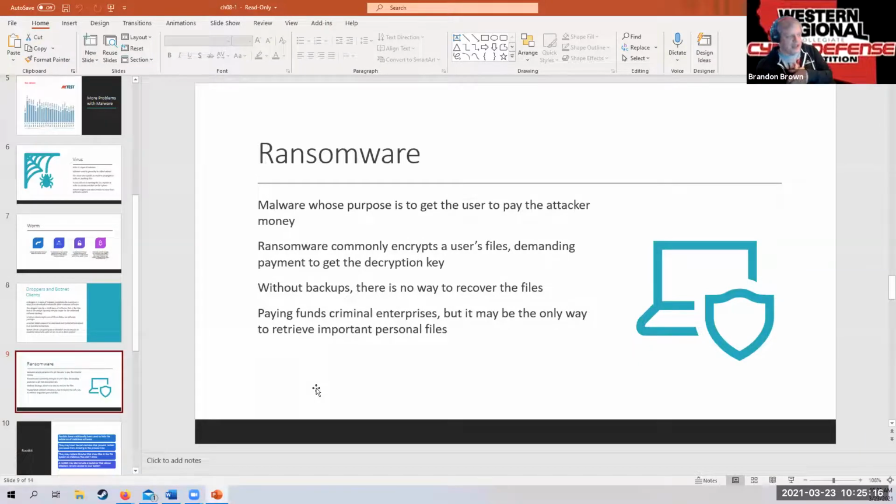Ransomware, on the other hand, is today's biggest malware problem. And that's because in order to recover from ransomware, you have two choices. Choice number one, if you were smart and you backed up everything and you have backups that are offsite that cannot be corrupted, you can recover from the ransomware attack without paying the bad guys or gals.